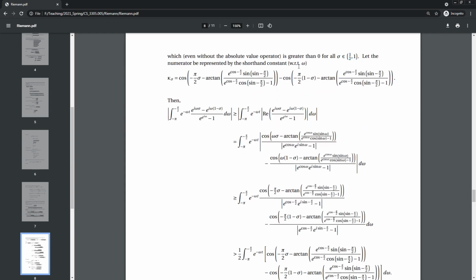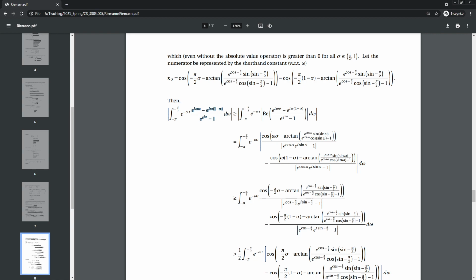Okay, so let the numerator be represented by a shorthand constant with respect to omega. This is really long to write out, so let's just write kappa of sigma, a thing which depends only on the choice of sigma. So this is what we just replaced.